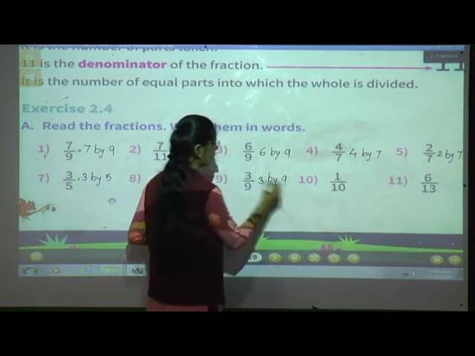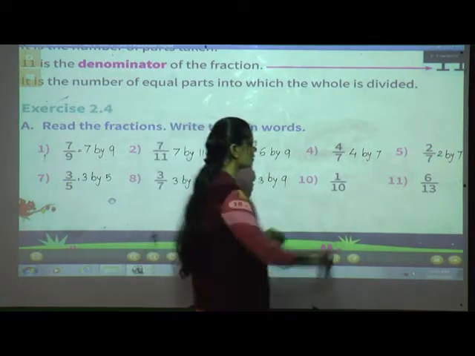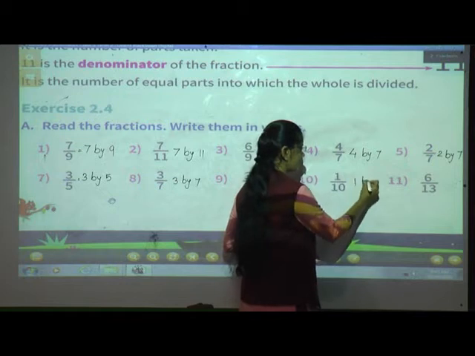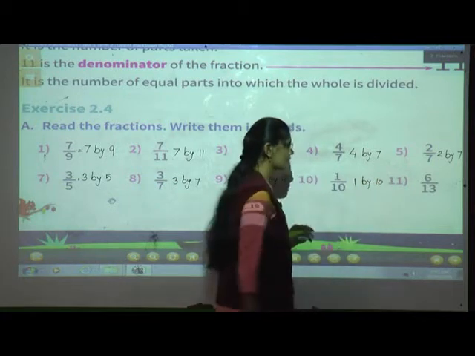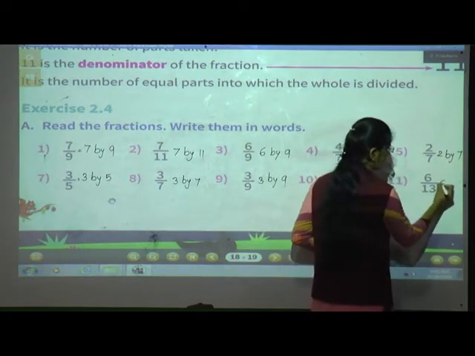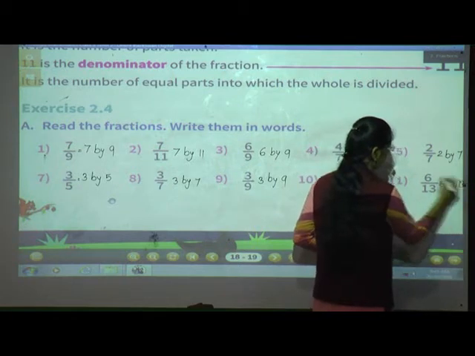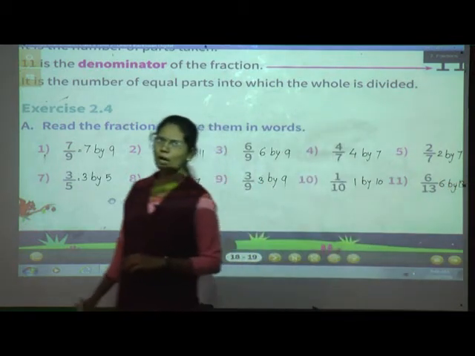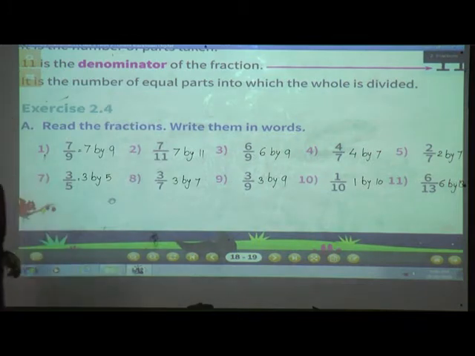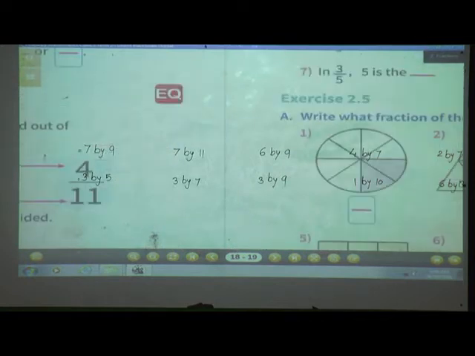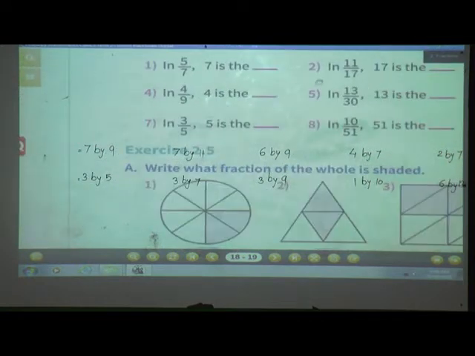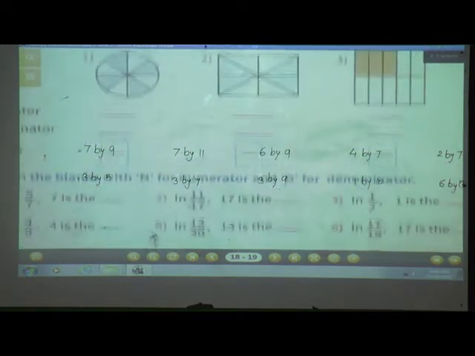Then this 1 by 10. And the last is 6 by 13. Correct. Clear? How to read the given fraction? Okay. Shall we move to the next example or the next question? Now see the B question.